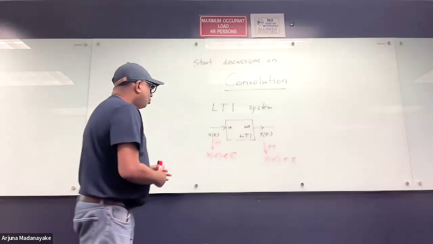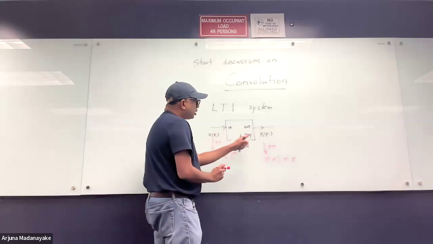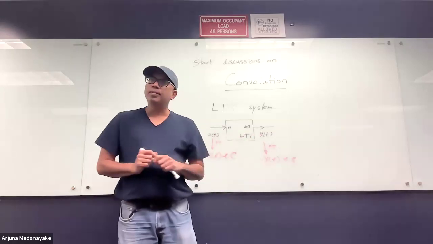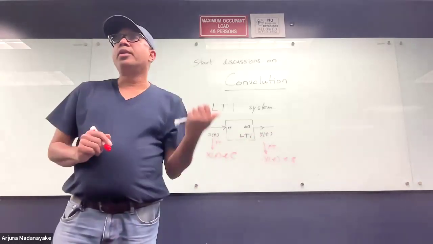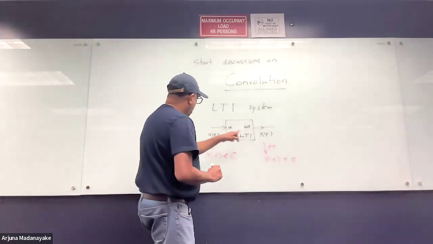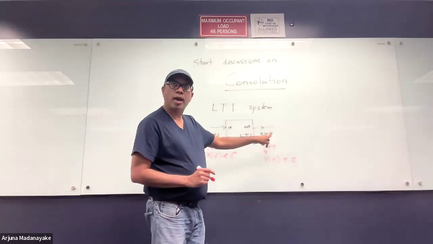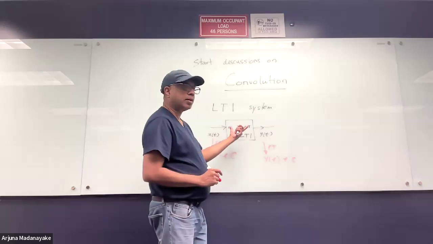That's all. So the question is, how can we predict what the output is going to be if you know what the input is? If you know x(t), can you produce y(t), if you know something about the system?